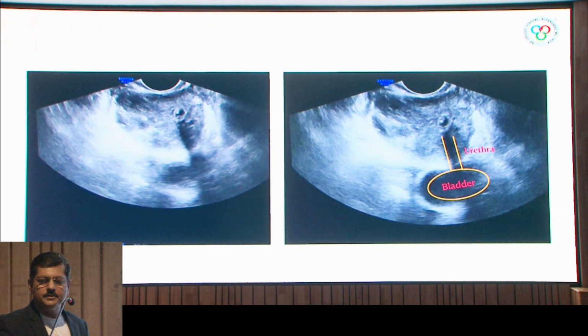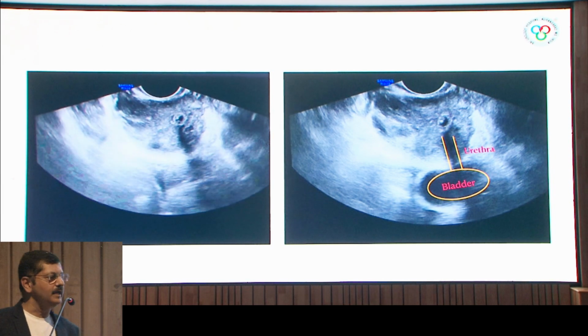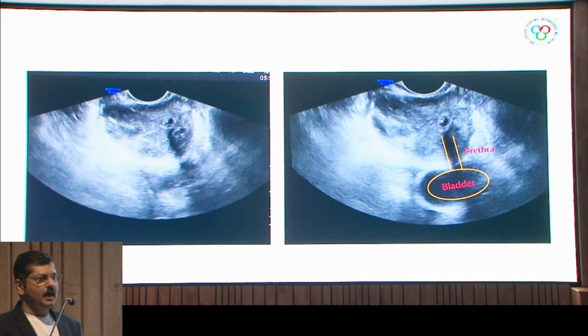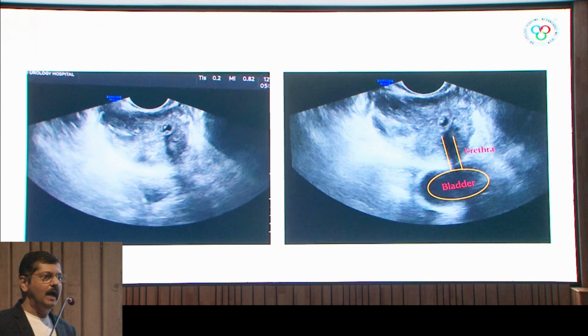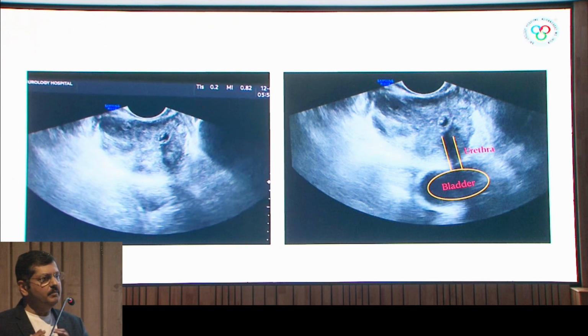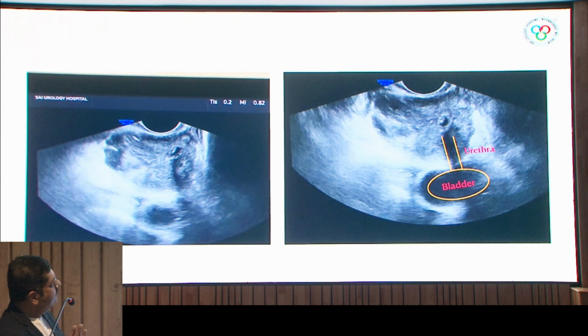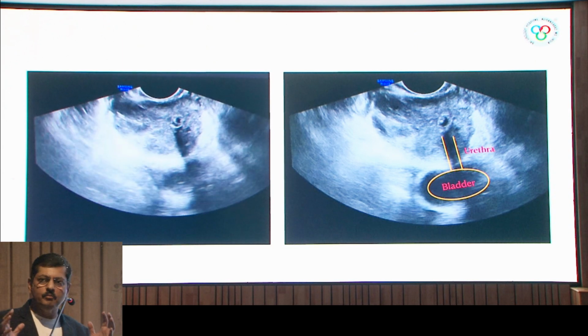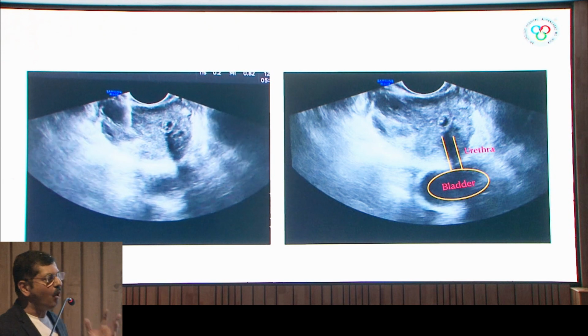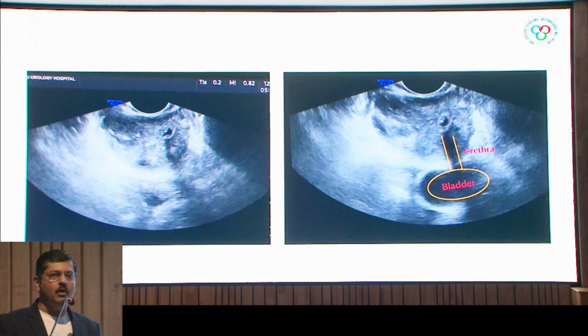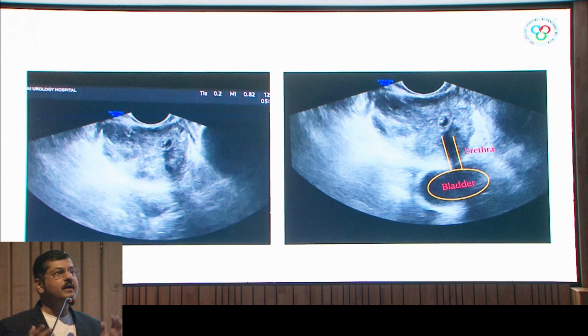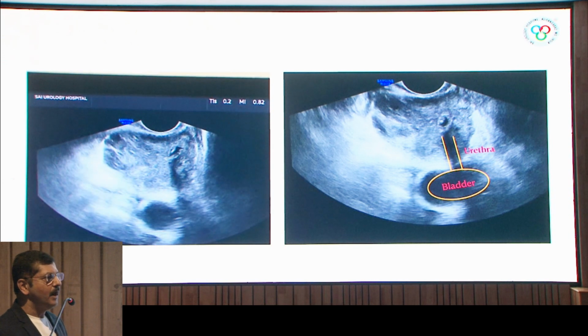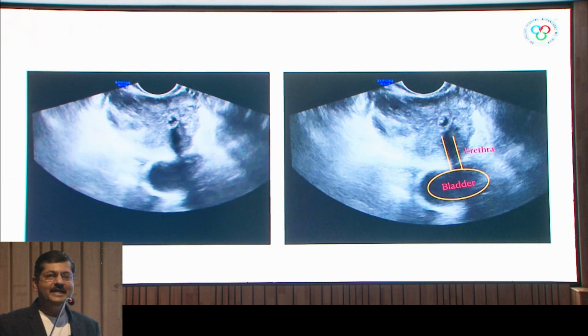So 12 core biopsy, this is just an example of a transrectal biopsy. I am doing this biopsy, you can see the urethra, the bladder, and maximum concentration is on the lateral aspect of the prostate. So if you keep more of the lateral aspect of the prostate on the screen, automatically all your biopsies will be laterally targeted biopsies, and definitely the yield will be more.